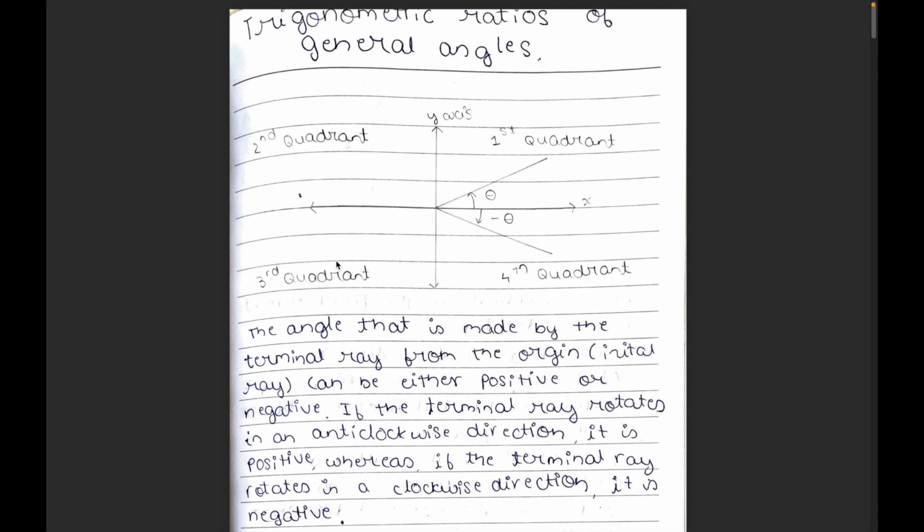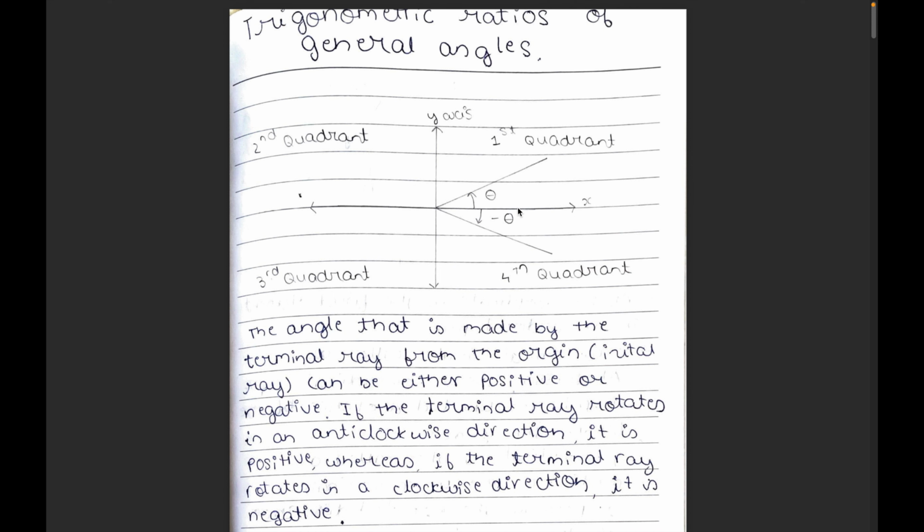Okay, so I told you that this would be the first quadrant, this is the second quadrant, this is the third, and this is the fourth quadrant. And then this is the positive, this is the negative angle. So the angle that is made by the terminal ray, which is this, terminal means that it's going to move away from the origin, which is the initial ray.